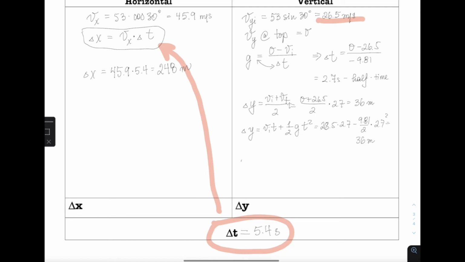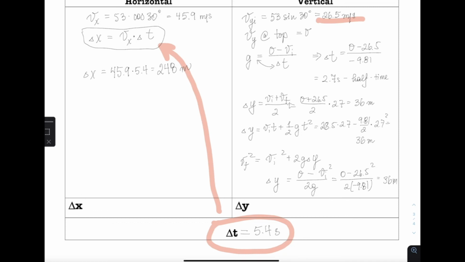And then finally, you can use V final squared equals V initial squared plus 2g delta y. Delta y is going to be 0 minus V initial squared over 2g. So 0 minus 26.5 squared over 2 times negative 9.81, 36 meters again.